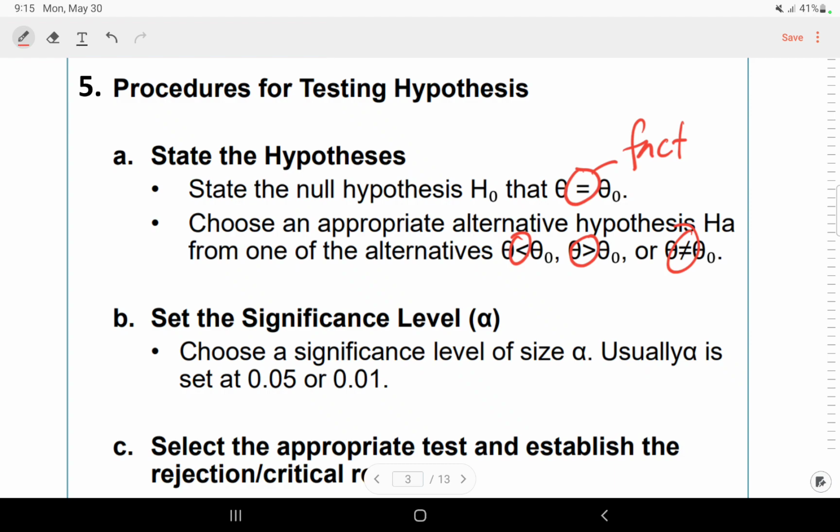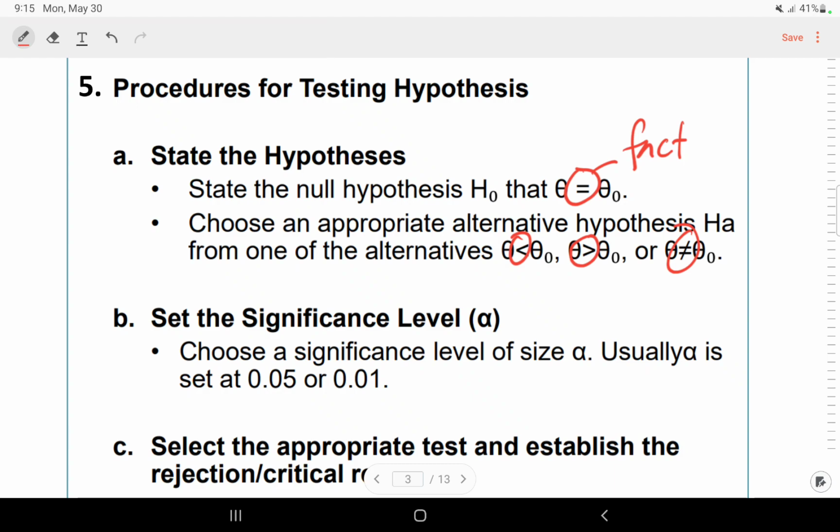The lifespan of people nowadays is less than the average lifespan years ago. So here you are making your claims. You are deviating from the fact. So you have to state it properly. You can choose between the three inequalities based on the context of the problem or what you're trying to prove.